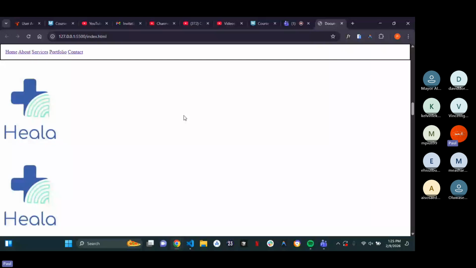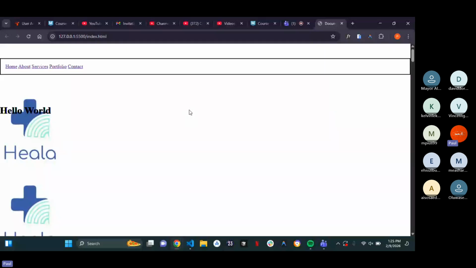Now those are the five position values that we have. First is your static. I said your fixed is glued to what your user can see.